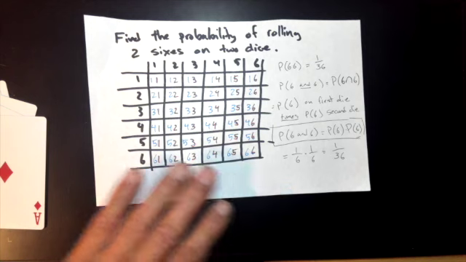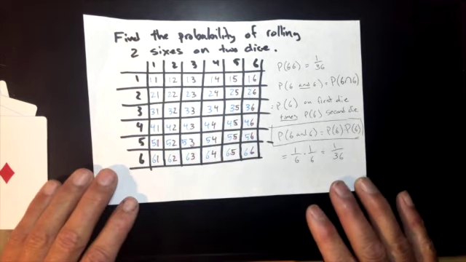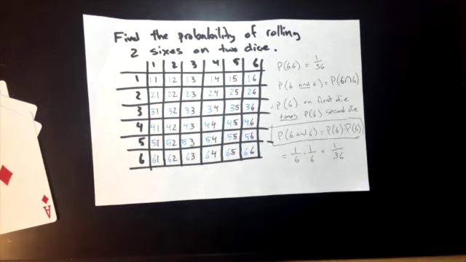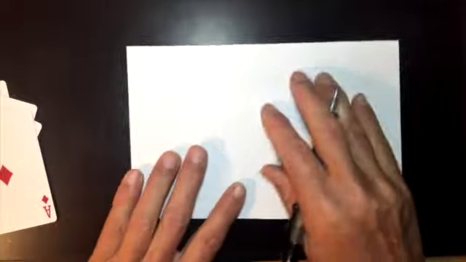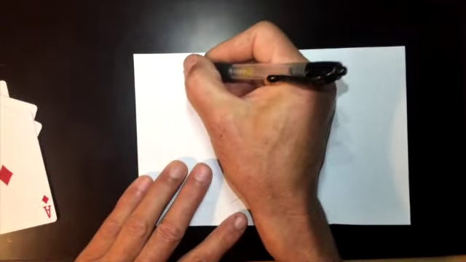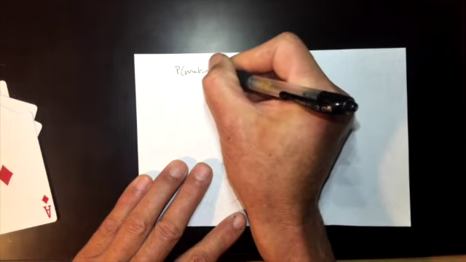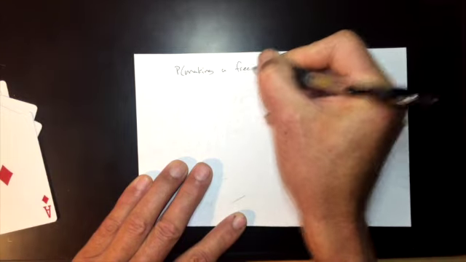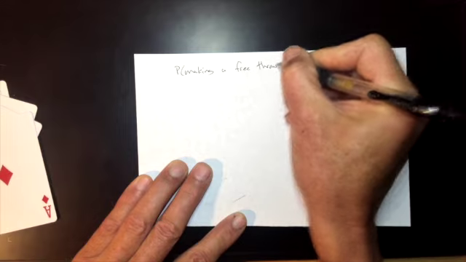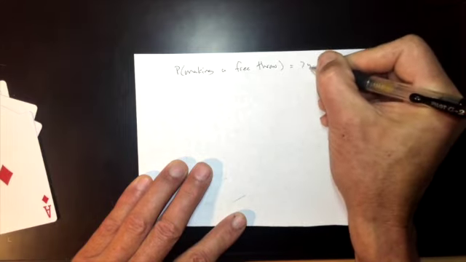There's an example on Khan Academy of throwing free throws, and you might have a probability of making a free throw of like 75%. So let's say the probability of making a free throw equals 75%.